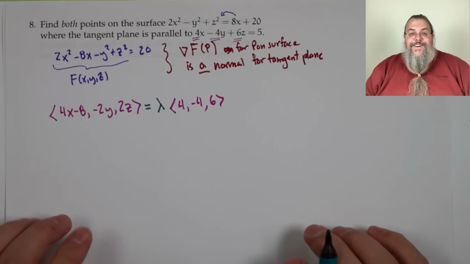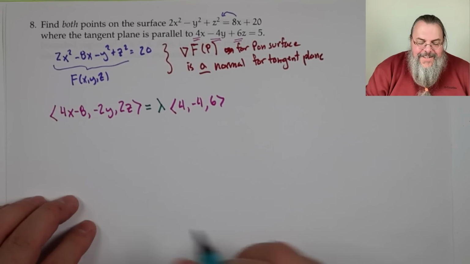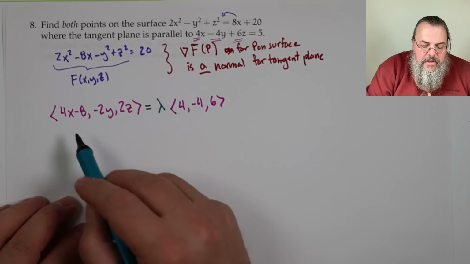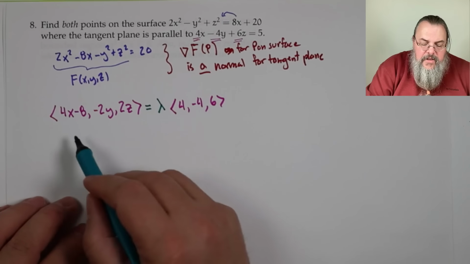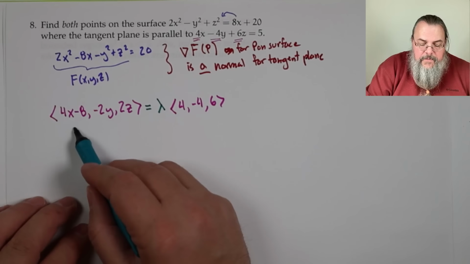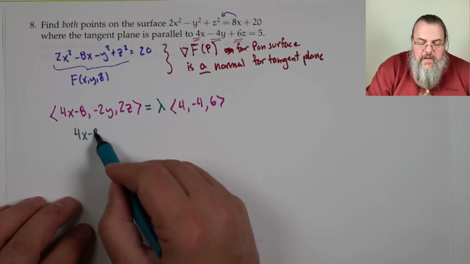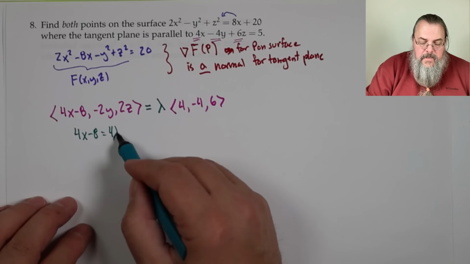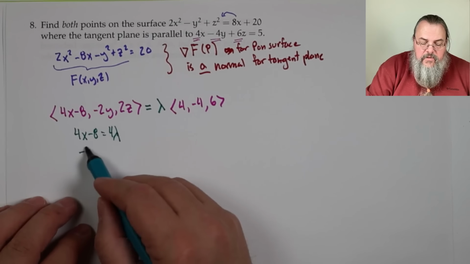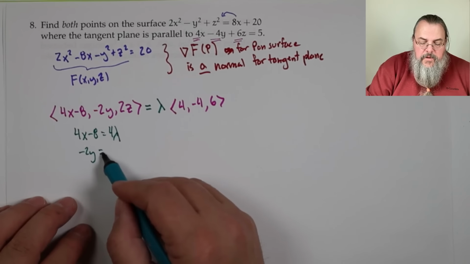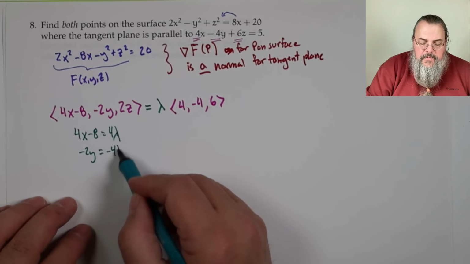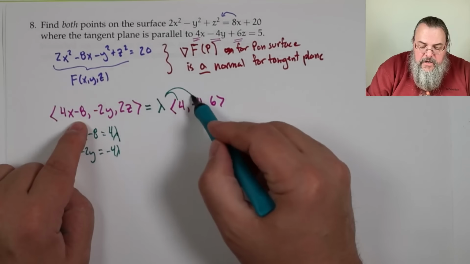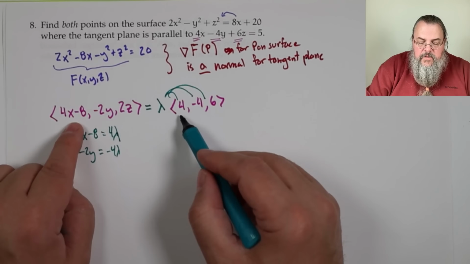All right. Good. So this says that at such a point, we have that 4x minus 8 is equal to 4 lambda. And we have minus 2y is equal to minus 4 lambda. I'm just comparing entry-wise. 4x minus 8 is 4 lambda.